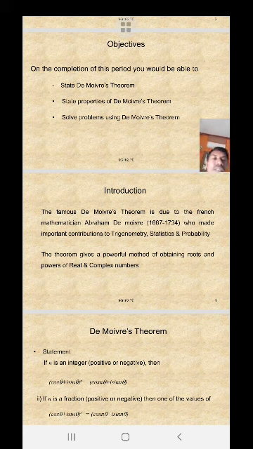So he is related to 16th century, or we can say 17th century, who made important contributions to trigonometry, statistics, and probability. The theorem gives a powerful method of obtaining roots and powers of real and complex numbers.